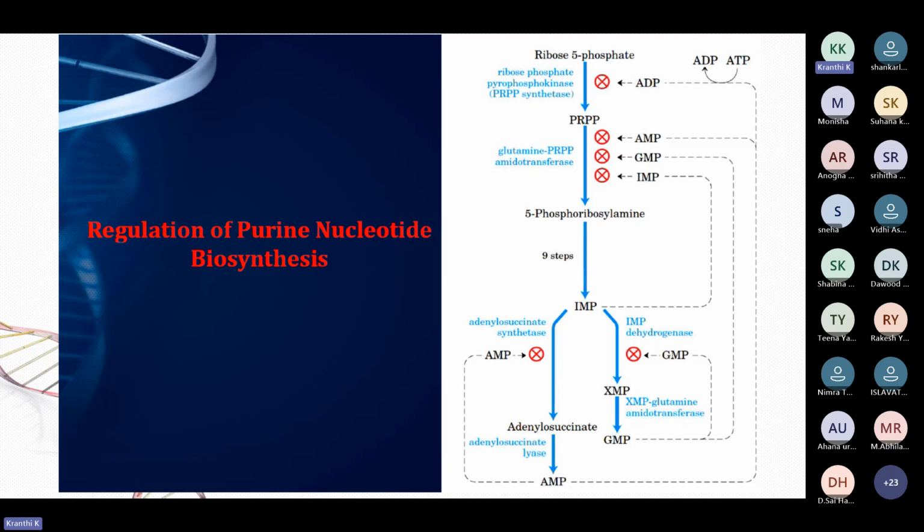What does irregular mean? Cancer cell, right? There is no stop for the cell. It grows continuously. So there should be some feedback mechanism. Feedback mechanism means, see, you are hungry. When somebody is feeding you continuously, till you say that I am full, they will keep feeding you, right?